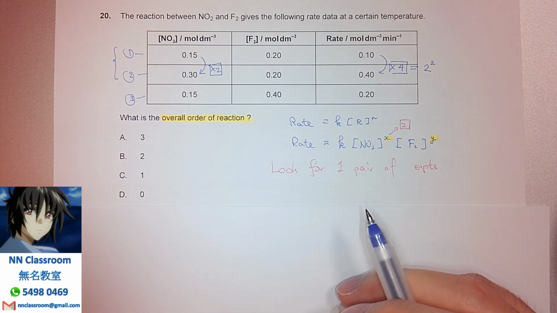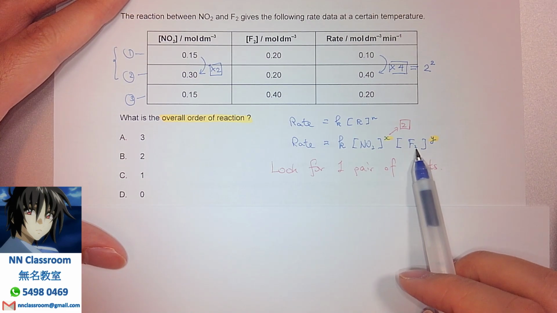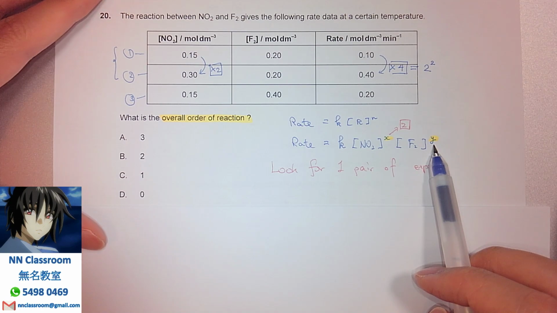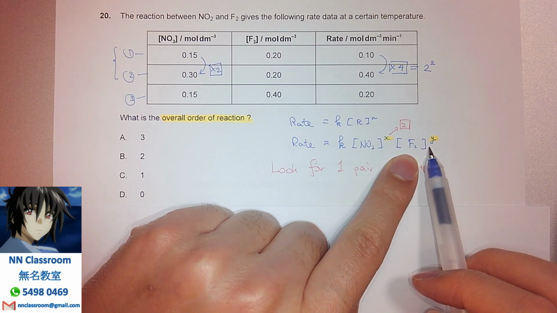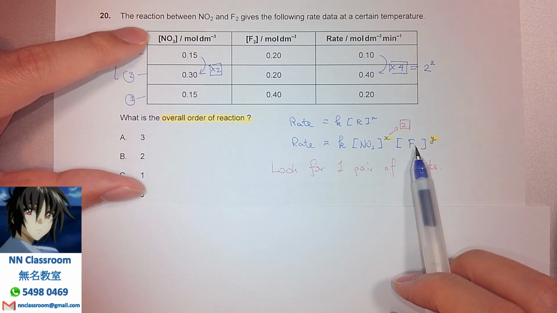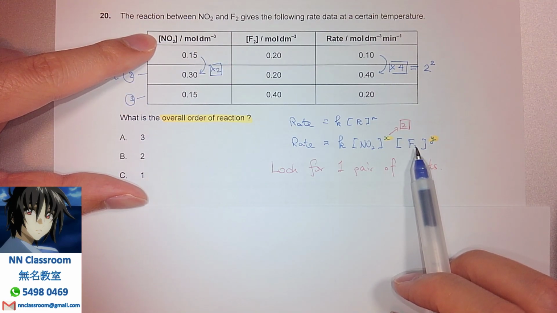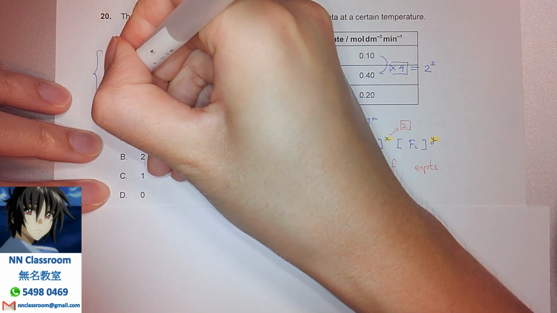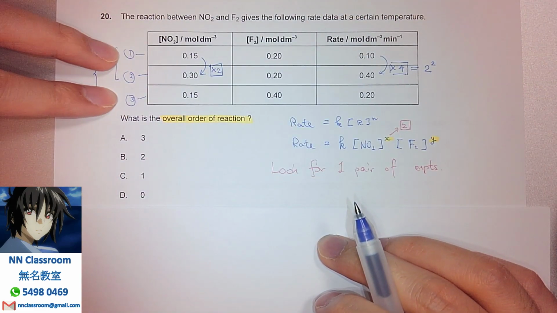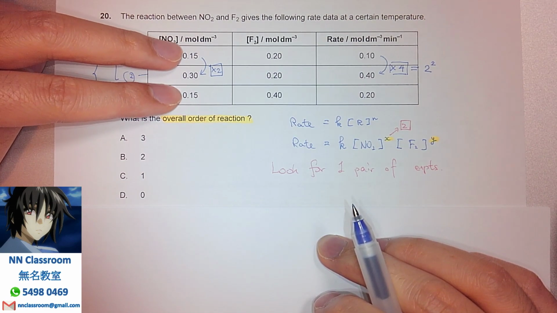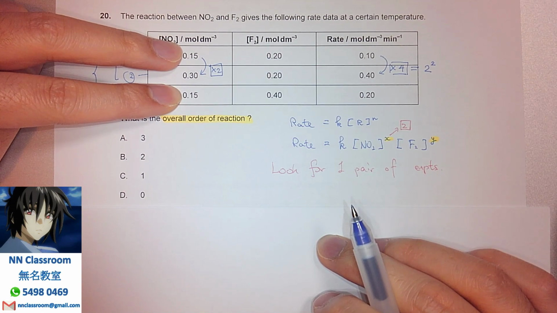For fluorine, to deduce y, we use the same logic. We find one pair of experiments in which only fluorine changes concentration, but not NO2. Luckily, experiment 1 versus 3 is my target. Why? Because the NO2 this time doesn't change; the only thing that changes is fluorine.